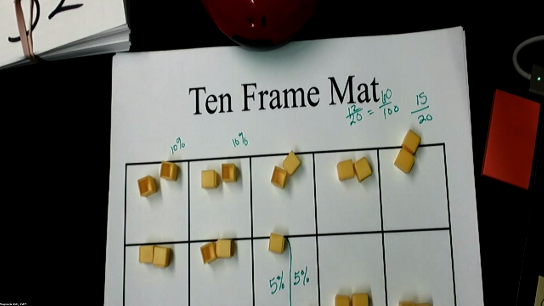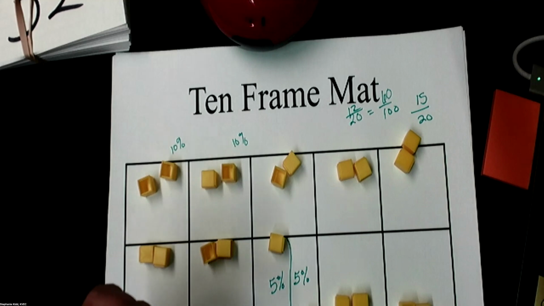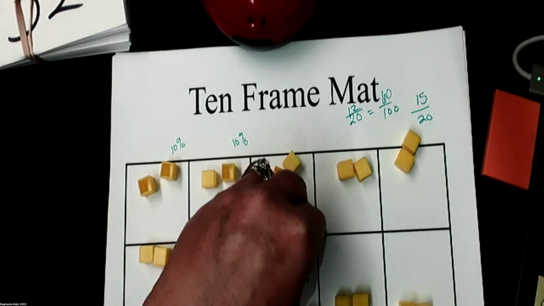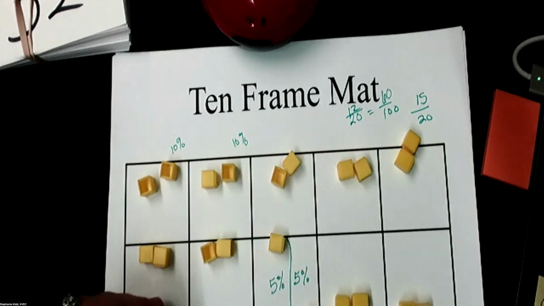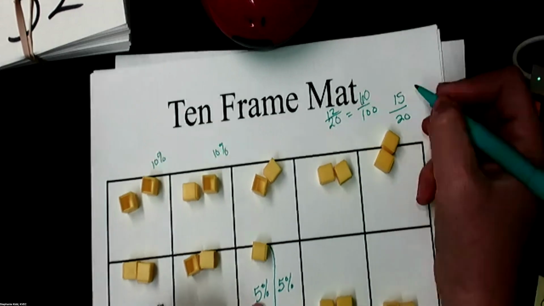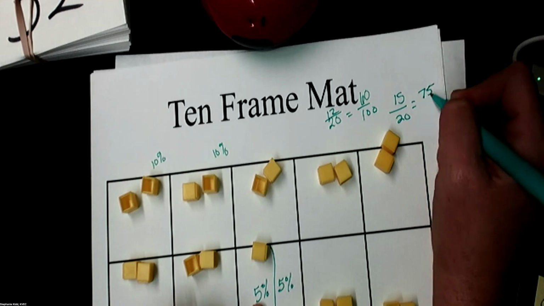So I'm going to do that. I'm going to say, okay, if I take 10 and I divide it in half, how much is on each side? 5%. And so in this case, it's 10, 20, 30, 40, 50, 60, 70, 75%. So when I said 15 out of 20 is 75% of 100.